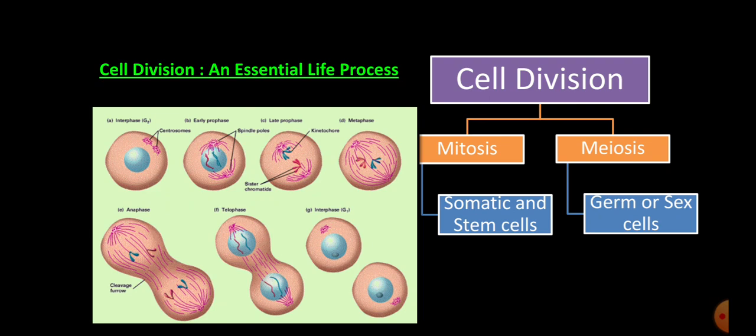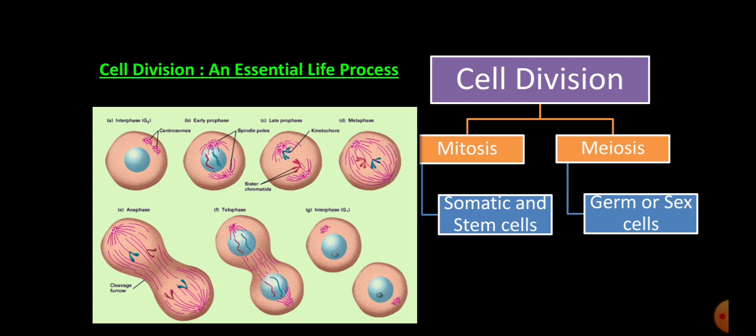On the basis of this difference, you can understand why mitosis takes place in the somatic cells and the stem cells, whereas meiosis takes place in the germ cells or the sex cells, right? Now, we had studied about fertilization.